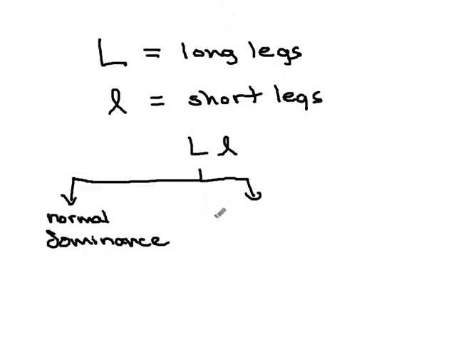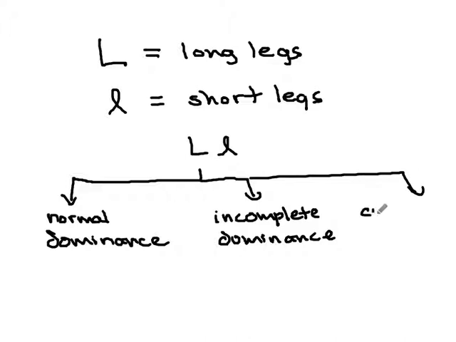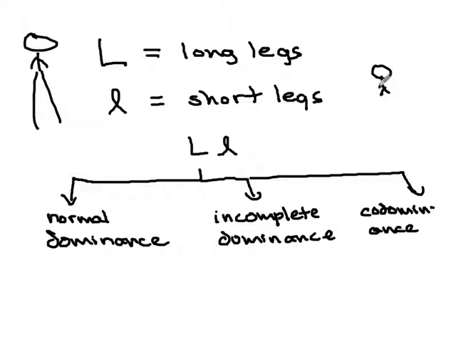What would that mean if it's incomplete dominance? And what would that mean if it was codominance? So here's your mom who has ridiculous long legs, and here's your dad who has stubby legs. What do you look like under normal dominance?